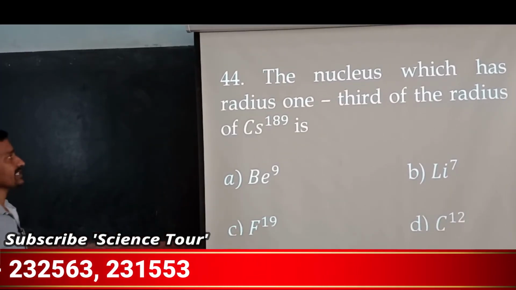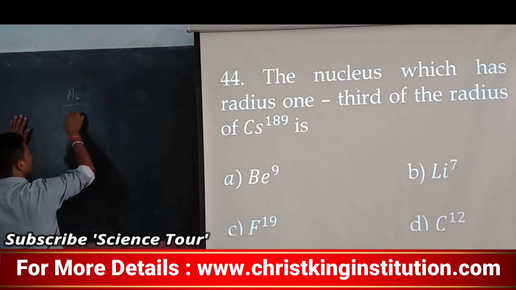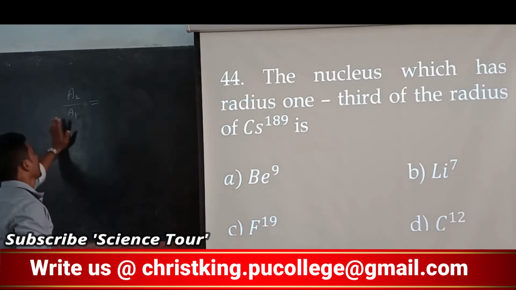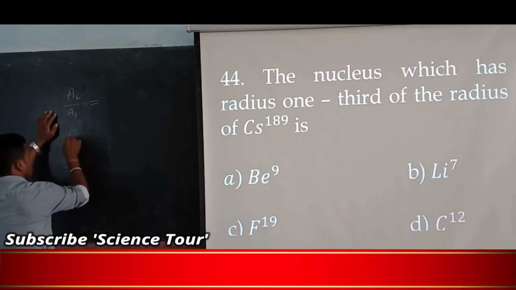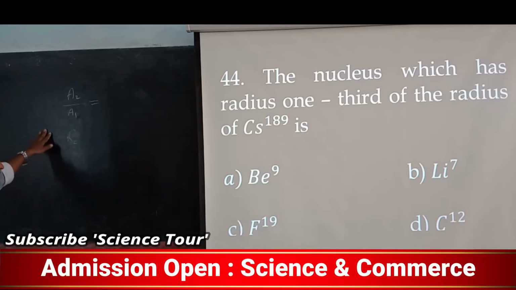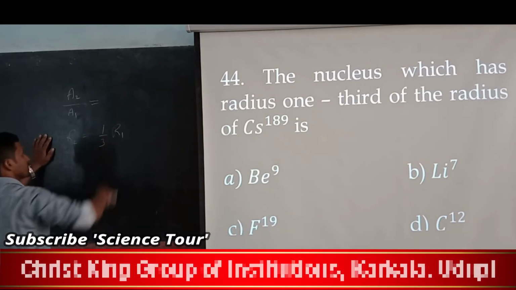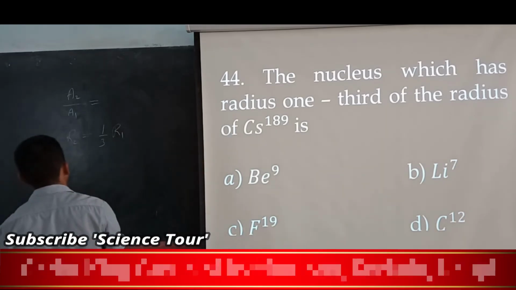One nucleus is there, say A2, and this is A1. A1 is cesium. Someone is there whose radius is 1/3 of cesium. R1 is cesium, so that nucleus you have to find out now.